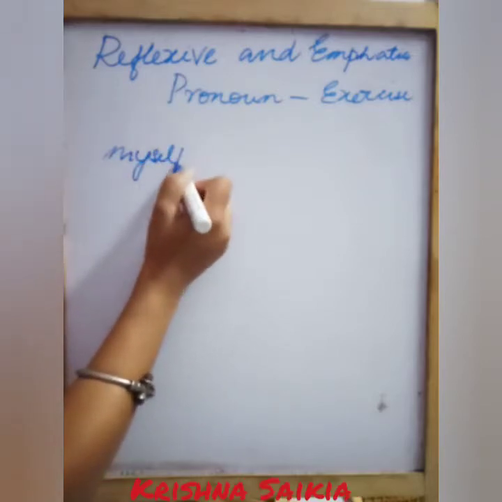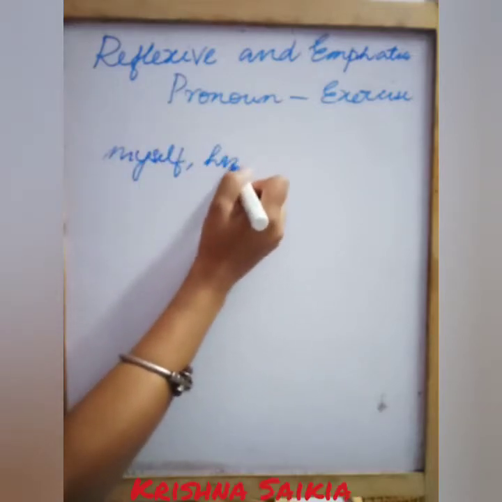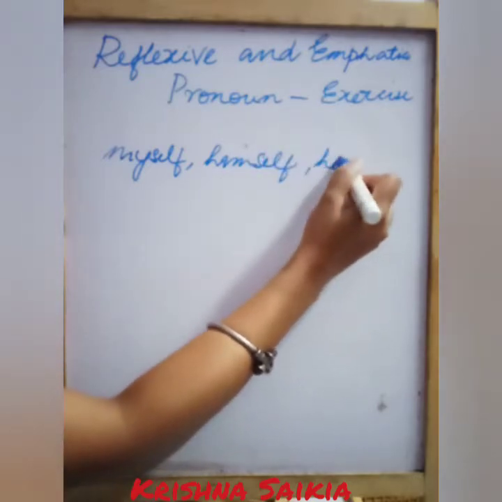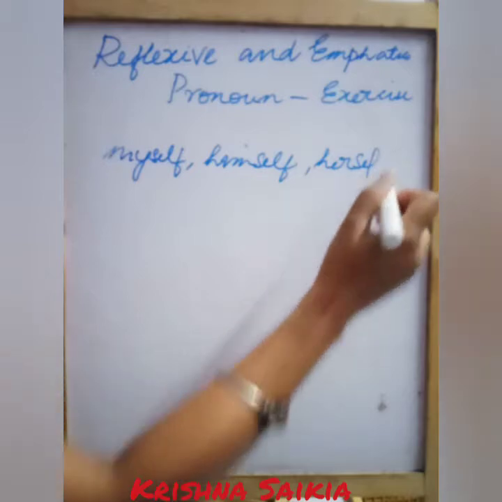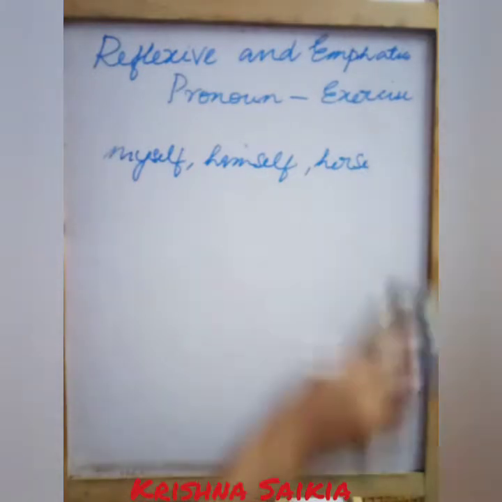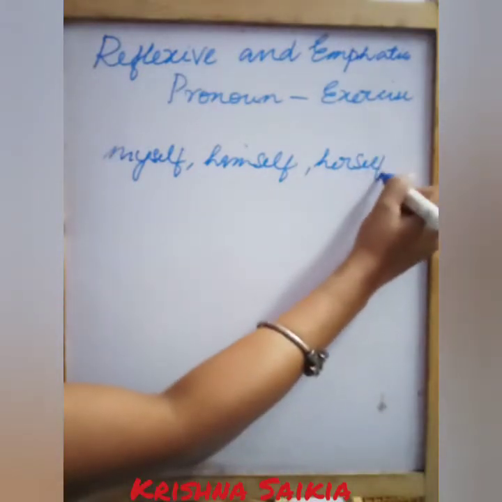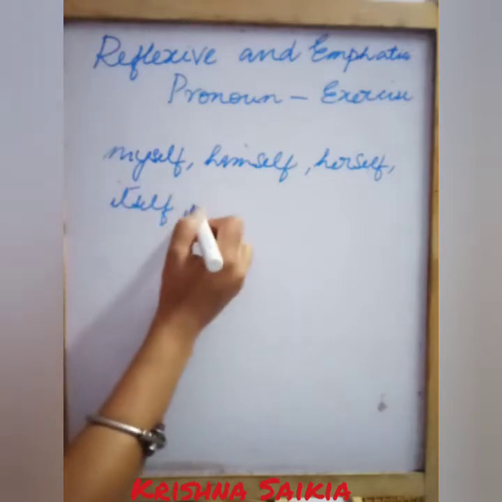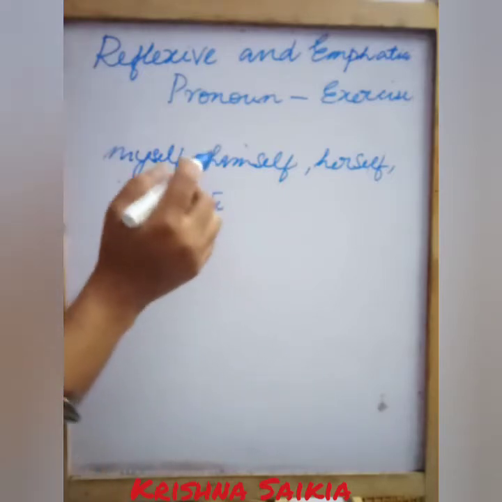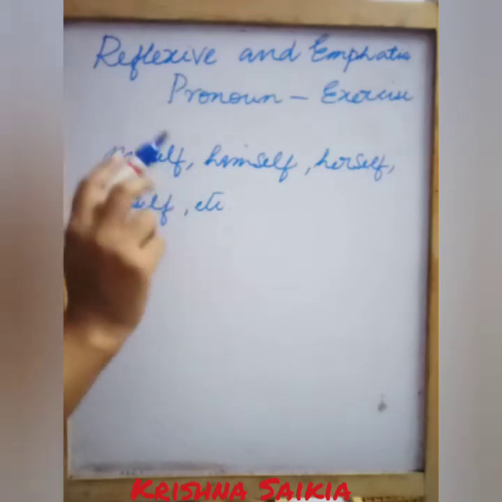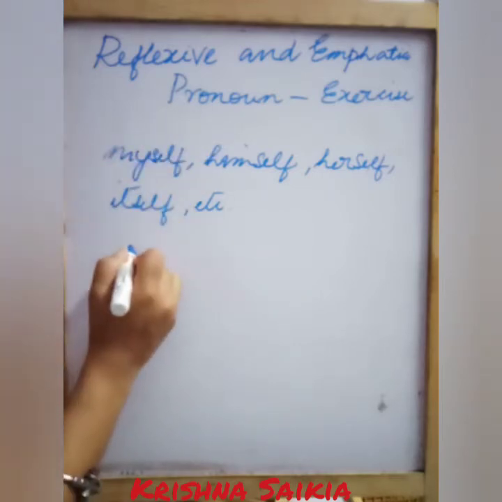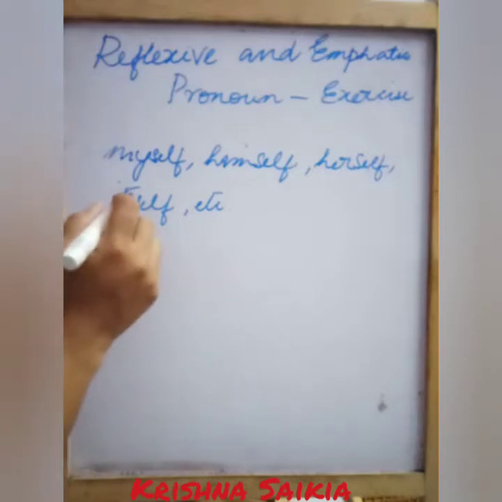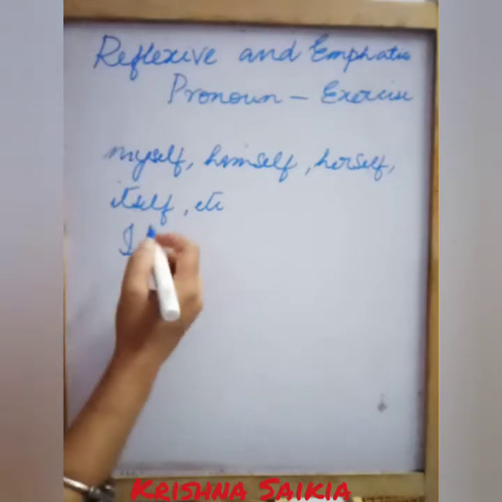Myself, himself, herself, itself, etc. These are what? These are reflexive pronouns, isn't it? Say, for example, if you remember, I had written an example of a sentence with a reflexive pronoun.